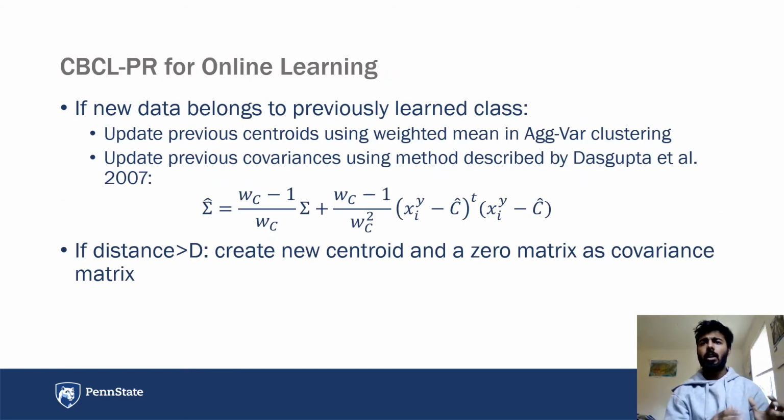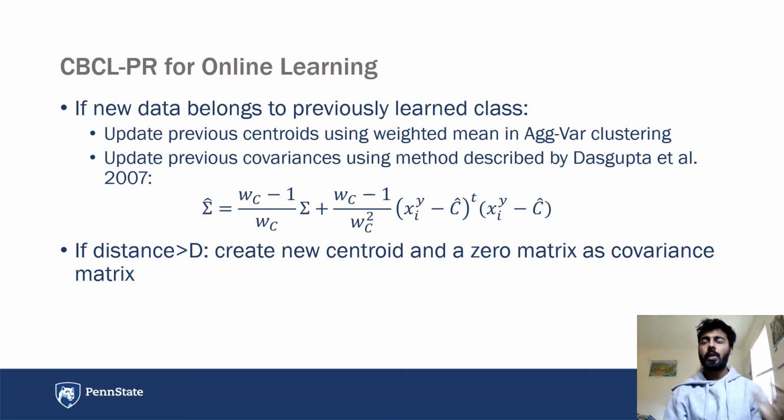So CBCLPR was originally proposed for continual learning. However, for the online learning scenario, data for the same class can come in different increments. So we present an update to CBCLPR to deal with online learning. So in this case, when the data for a previous class does come, the model actually updates the previously learned centroids, again using the clustering process, using the distance threshold.